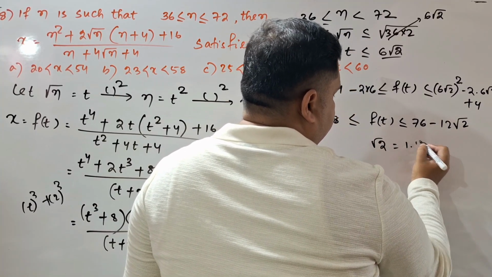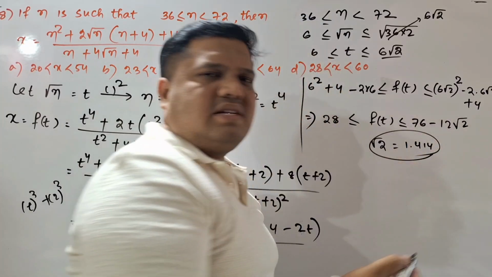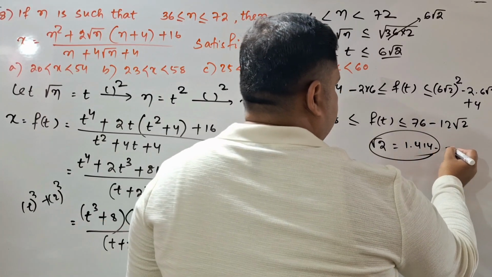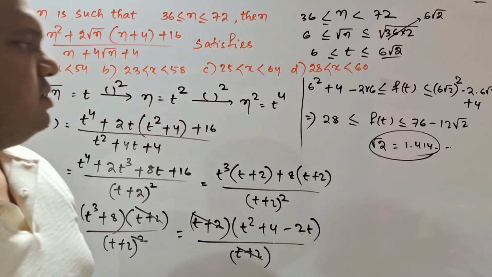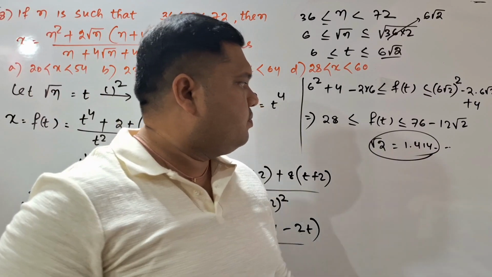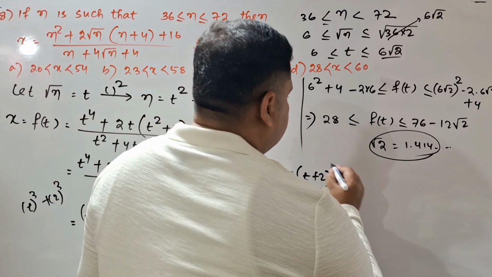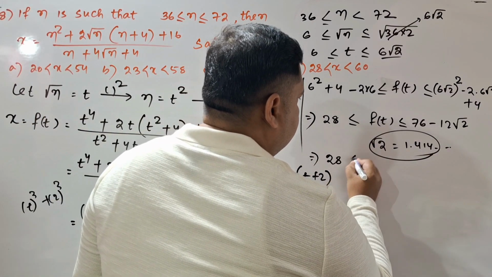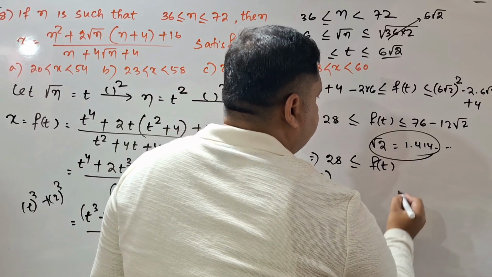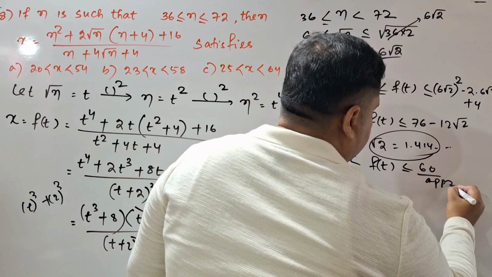If you remember the value, this is 1.414. If you take the approximate value, 12 into 1.414 is close to 16 point something, so you consider 16. So the function of t lies within this value, approximately. We will check the option.